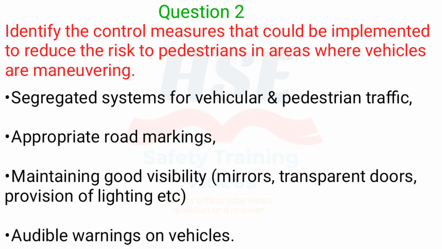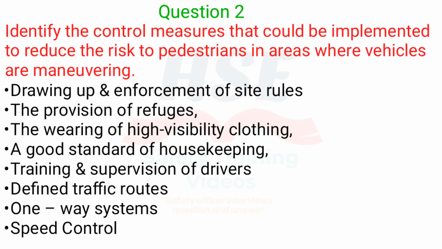Question 2. Identify the control measures that could be implemented to reduce the risk to pedestrians in areas where vehicles are maneuvering. Segregated systems for vehicular and pedestrian traffic. Appropriate road markings. Maintaining good visibility: mirrors, transparent doors, provision of lighting etc. Audible warnings on vehicles.